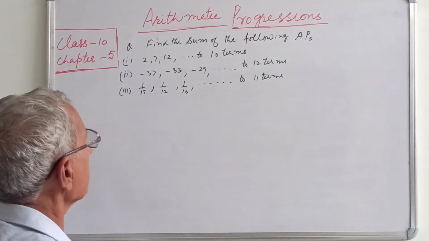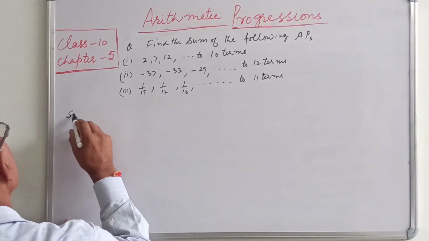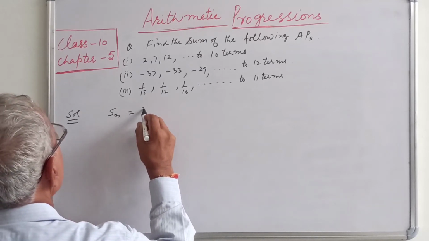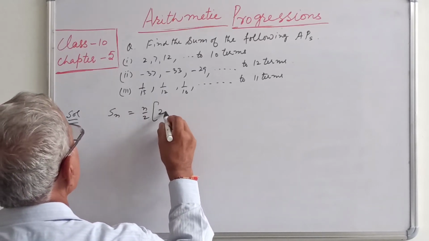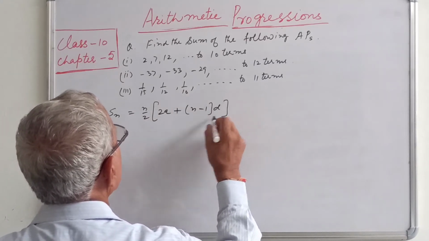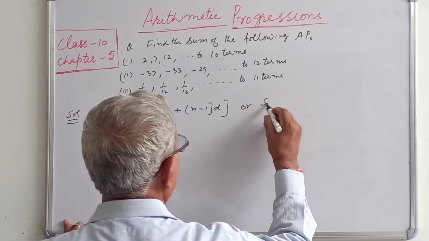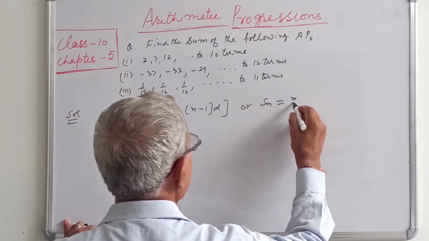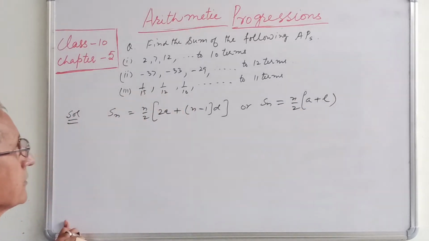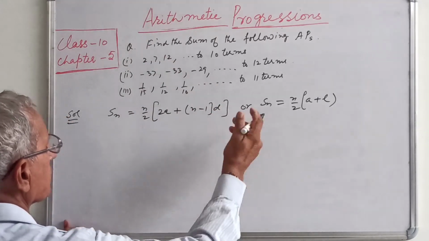So here we use the formula. First of all, I am writing the formula for sum. Sn is equal to n upon 2 into 2a plus n minus 1 into d, or Sn can be n upon 2 into a plus L. So depending upon the given statement, we will use the formula.